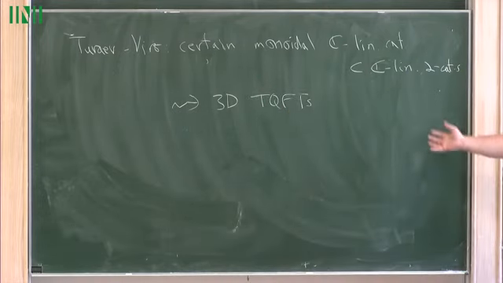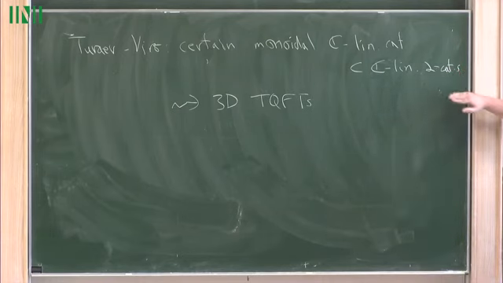And similarly, certain kinds of braided monoidal linear categories, which are a special class of 3-categories, give you 4-dimensional TQFTs.